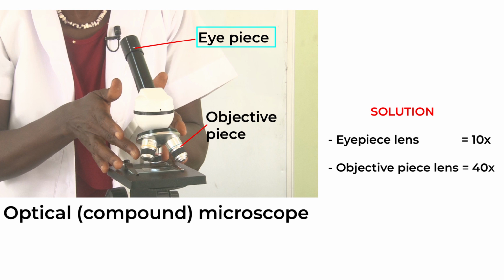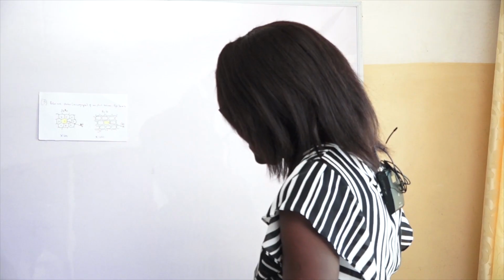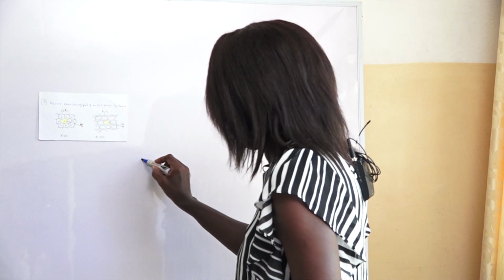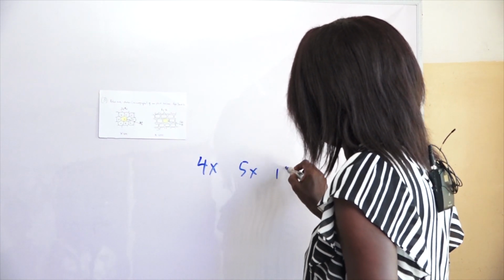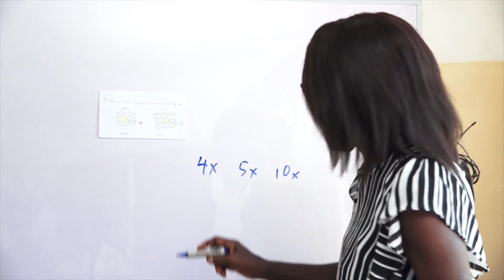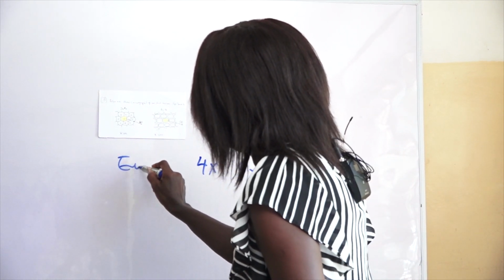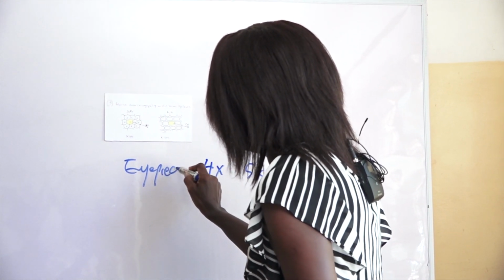Eyepiece 10 times. Now, eyepieces of optical microscopes have these magnifications: 4 times, 5 times, 10 times. That's the eyepiece lens.